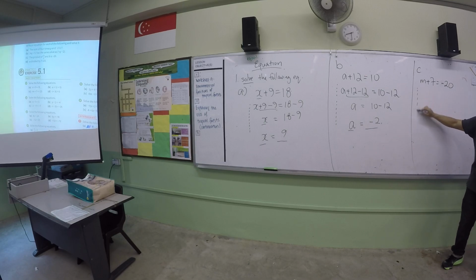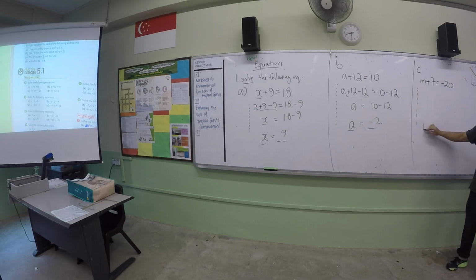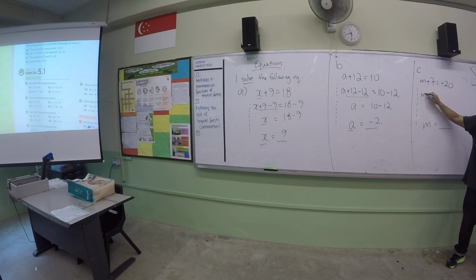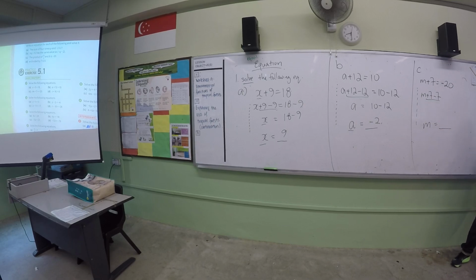But I can write equivalent equations until M is on one side, then I will know what must be the number of M that can make this correct. So to remove 7, I will need to minus 7 because this will make left hand side only M. And because I minus 7 on one side, I do the same thing on the right hand side.